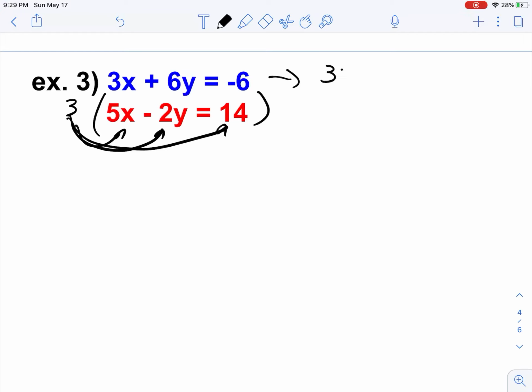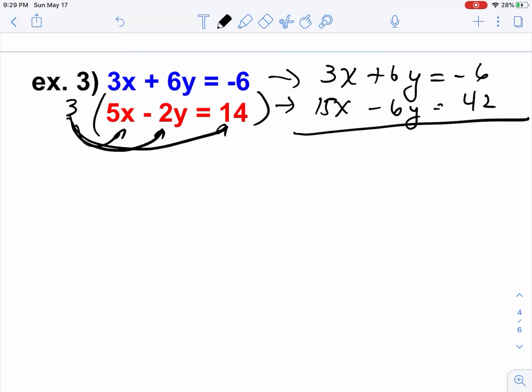Okay, so we're going to keep that top equation. And then the new bottom equation, 3 times 5x is going to be 15x. 3 times negative 2y is negative 6y. Equals 3 times 14 is, what is that, 42, right?